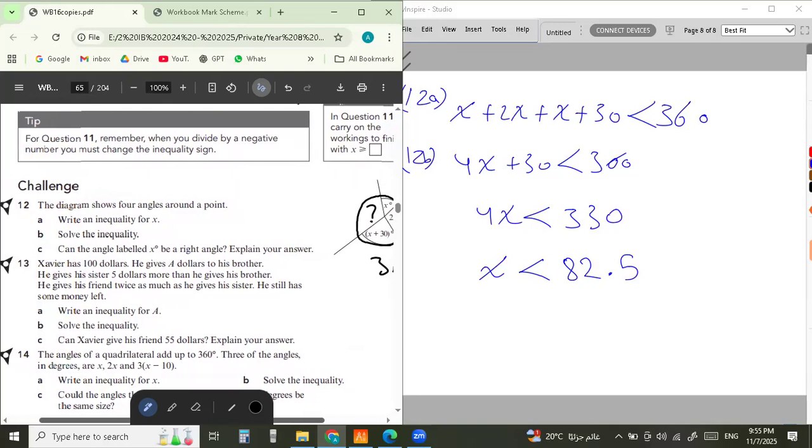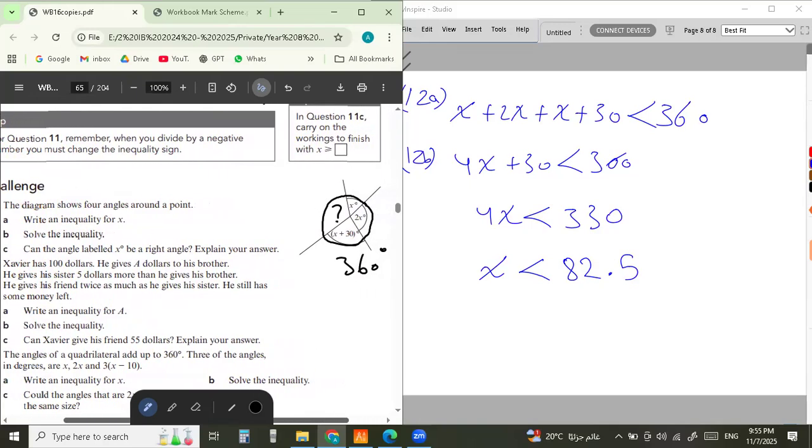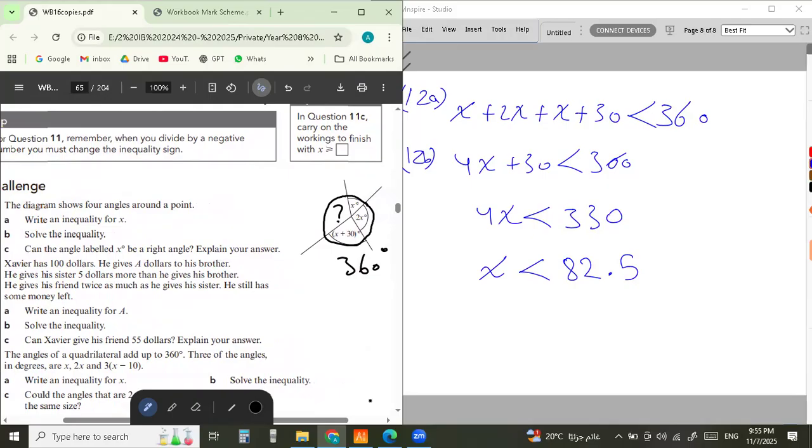Here, they're asking, can the angle labeled X be a right angle? Can this X be a right angle? It doesn't look like a right angle, but you cannot say no just because it doesn't look like a right angle. Why?